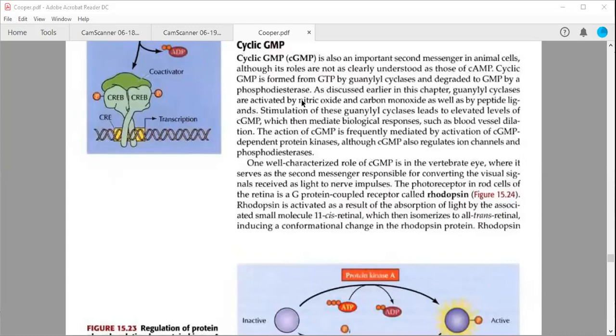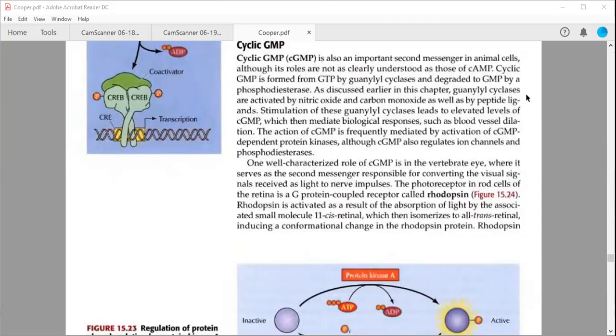Now, yesterday we discussed nitric oxide and carbon monoxide signaling, and I told you a little about how rhodopsin, a GPCR in the retina and rod cells of our eye, helps us see and helps our vision. As discussed earlier in this chapter, guanyl cyclases convert your GTP into cyclic GMP, the secondary messenger.